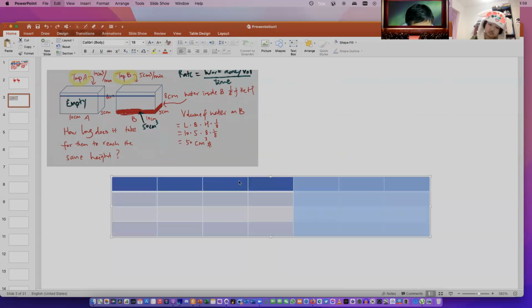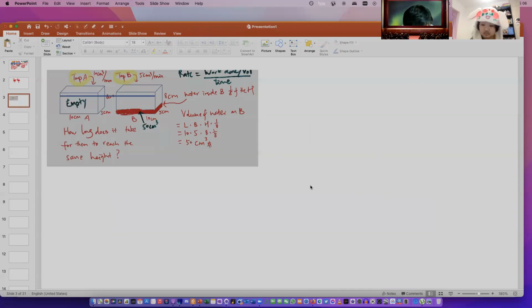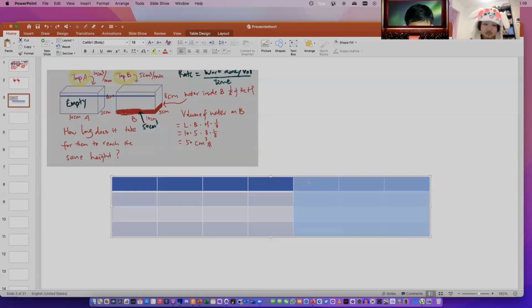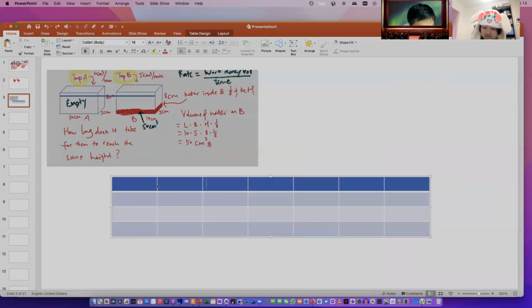Nope, I don't want to delete the table. I just want to delete the, oops, cells. Never mind, I don't know what to do. Delete columns, never mind lah. Just leave it.